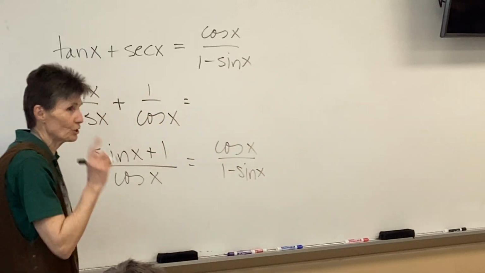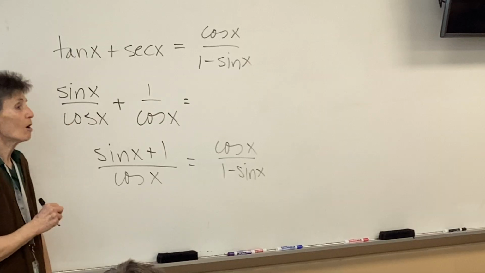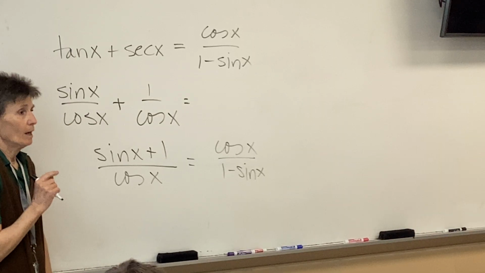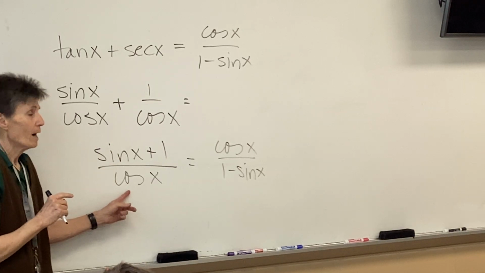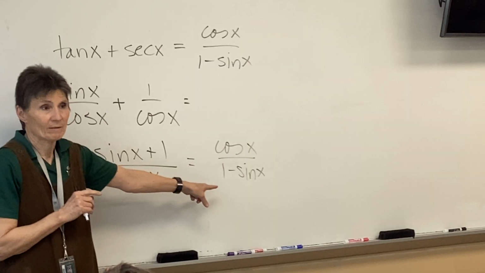Now, unfortunately, this is a hard problem. But you can do it. Just bear with me. Unfortunately, when I added them together, I didn't end up with the fraction I wanted to end up with.